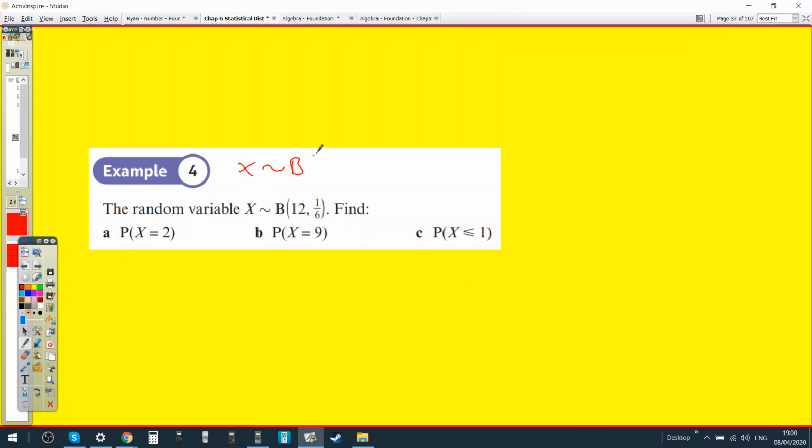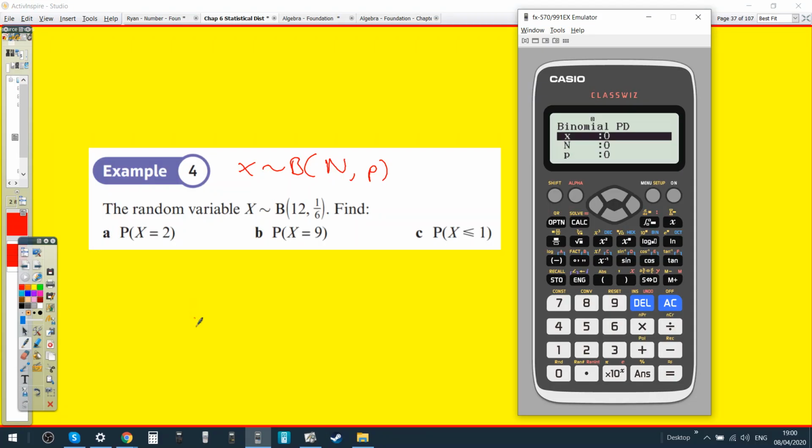For x, is it 2 for A? And then N and P, 12 and a sixth. Yep. Is it that way around? Yep. So x is binomially distributed. And then you get 29.6%, let's say.